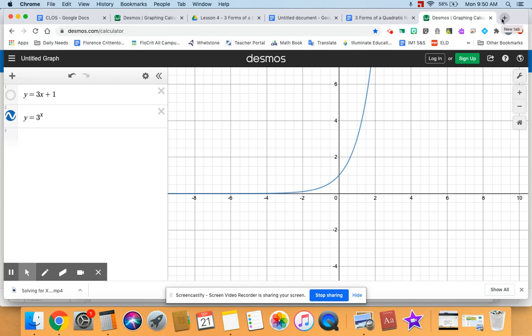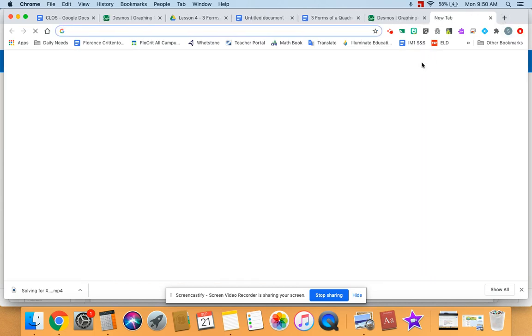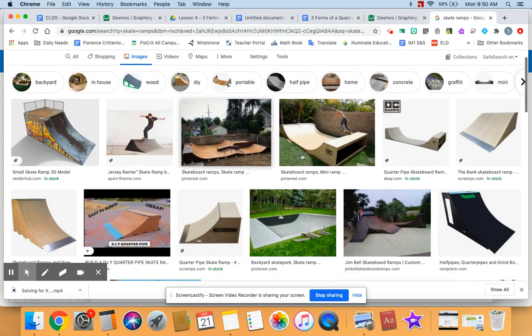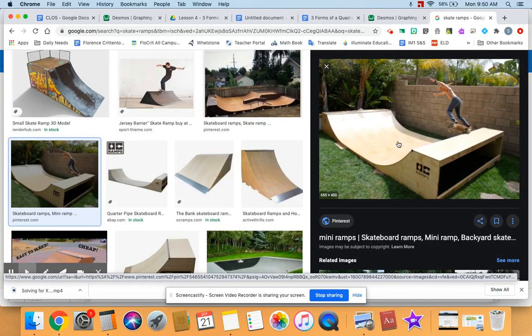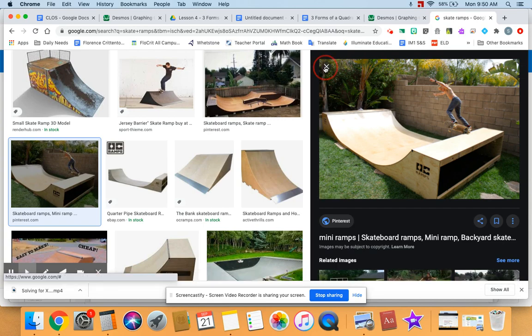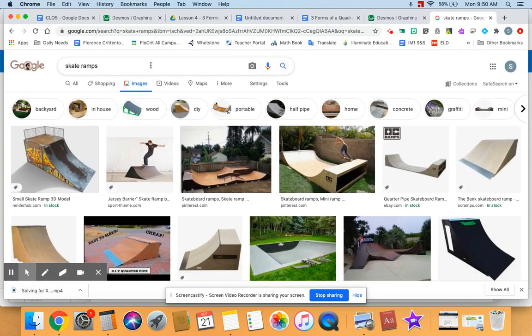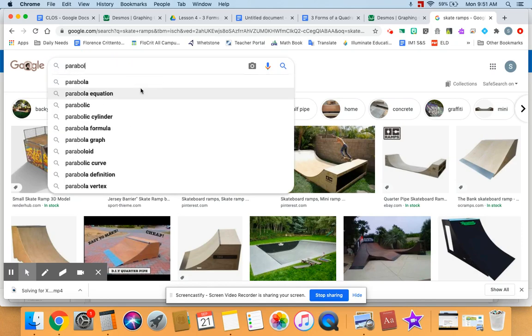Everything everywhere is created by an equation. For example, see how this one kind of makes that back and forth U shape? So the U shape is a type of graph too. And the U shape is called a parabola.